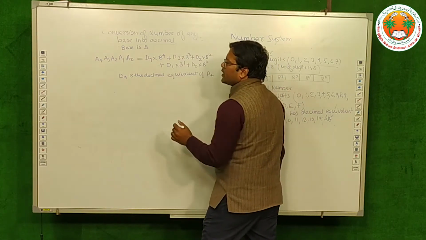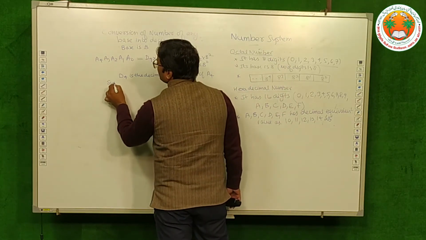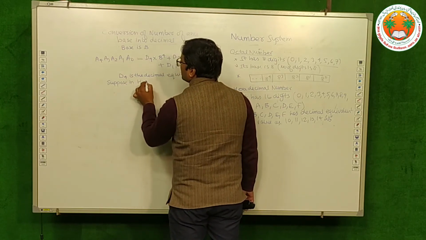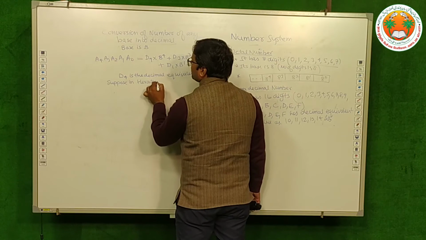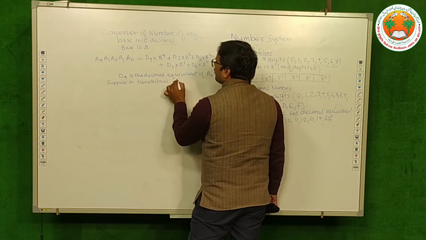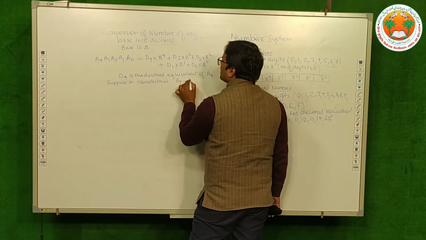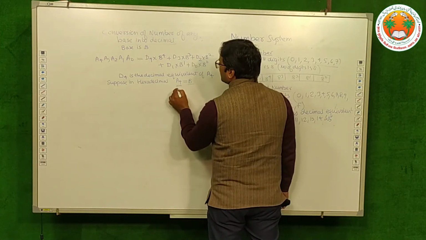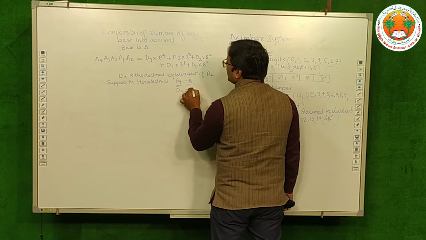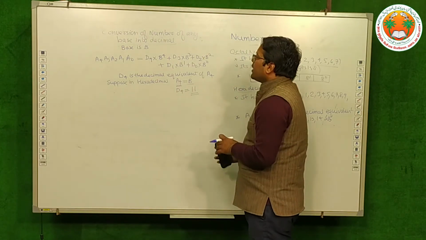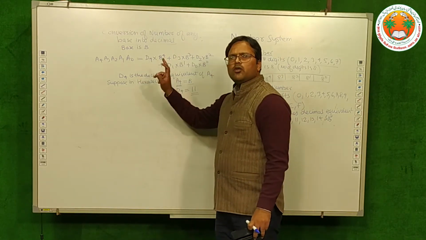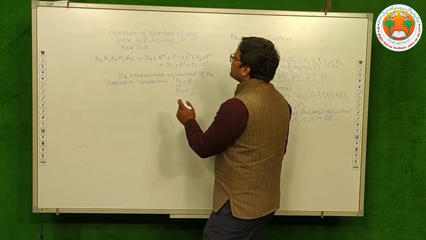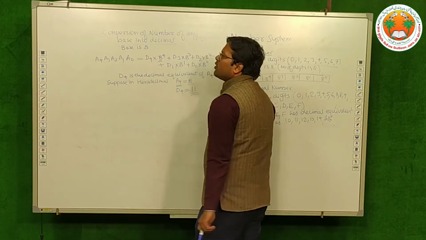Suppose in hexadecimal, A4 is B. So the decimal equivalent of A4, that is D4, would be 11. So we will use 11 here. The value of D4 would be 11 here, and we will multiply with the base of that particular system.